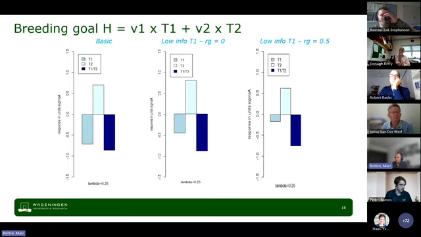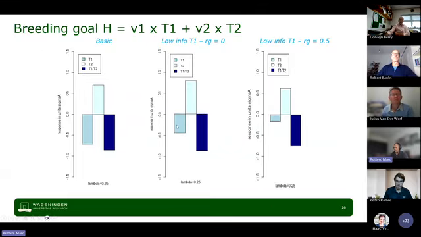And you see that if you go from a basic situation to a low information setting for trait 1, the response in the first trait, so this is the middle set of columns, the gray bar is definitely less, it gives less response, but trait 2 is still the same. And that has no consequences for the response in the ratio trait.